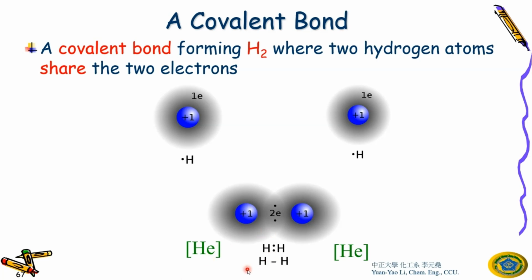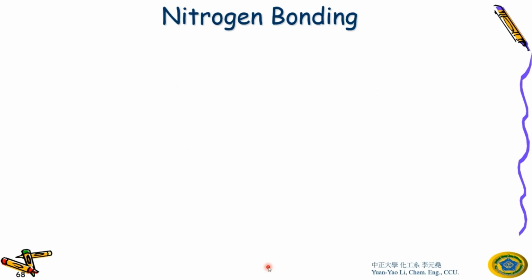So you can use the dot symbol to represent the molecule, or you can use a bar between the 2 hydrogen atoms. Then how about nitrogen bonding? In a nitrogen molecule, one nitrogen atom is 1s2, 2s2, and 2p3, right?